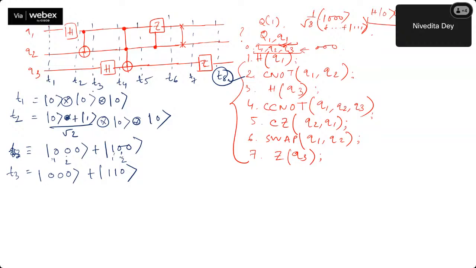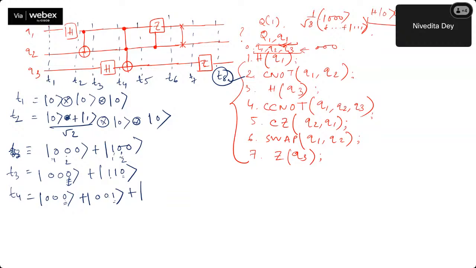After that, I have to apply Hadamard on Q3. So this Q3 needs to be Hadamarded. So T4 will be, just check very carefully how I'm writing it, 0, 0, 0 plus 0, 0, 1, so this 0 has now become 0 and 1, and the first 2 qubits are as they are.